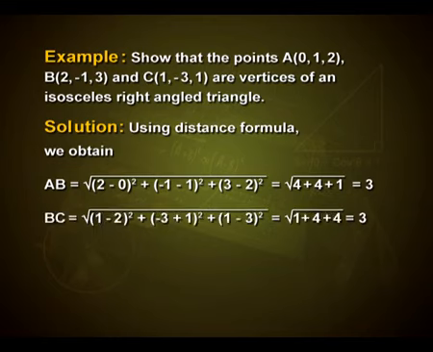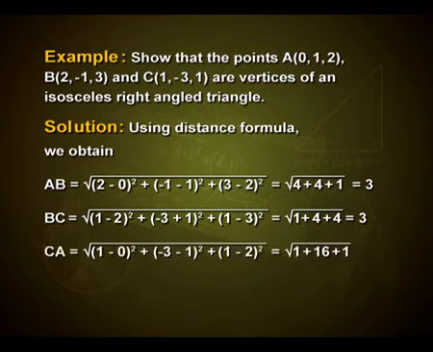Similarly, BC is equal to square root of (1 minus 2) whole square plus (-3 plus 1) whole square plus (1 minus 3) whole square, that is equal to square root of 1 plus 4, which is again equal to square root of 9, that is 3.